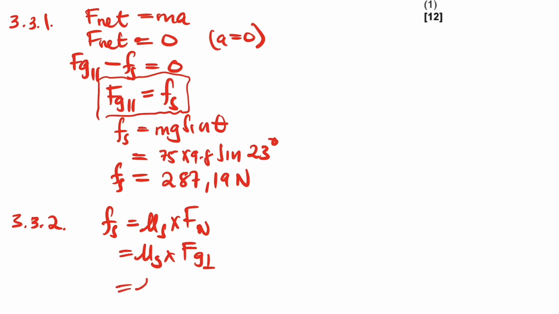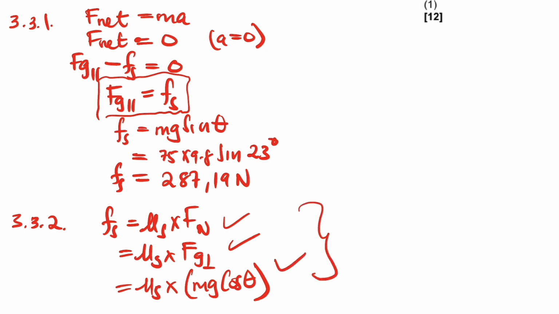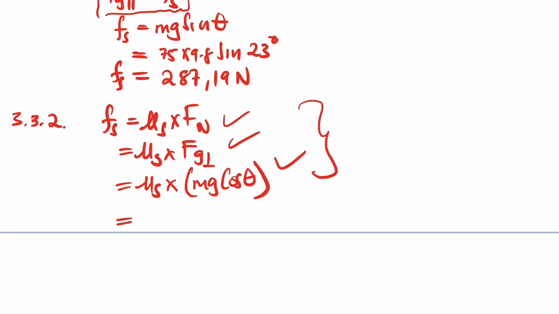So what we're going to have, mu s times the FG perpendicular, it's mg cos theta. Guys, you don't have to write the two, you can write any of these, not all of them.